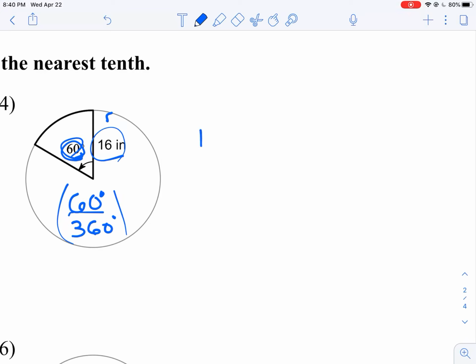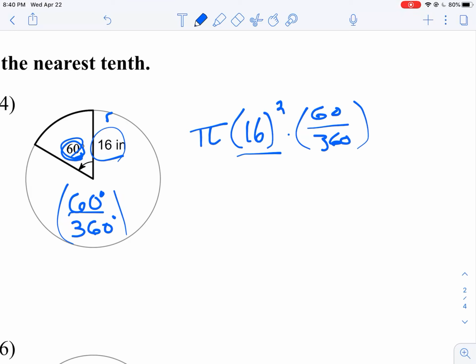So let's see. Area is pi. The radius is 16 squared. I have to do that first. Times my ratio, 60 out of 360. All right, so 16 squared gives me 256. So I have pi times 256 times, 60 over 360, that's 1/6.